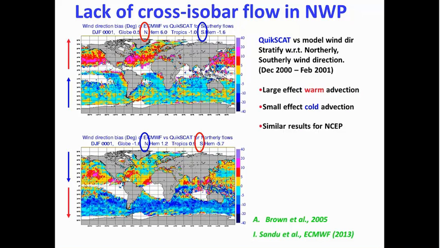You see large red or blue errors, depending on the hemisphere, which are typically up to 10 degrees. On average over the northern hemisphere 6 degrees, southern hemisphere 5.7, so quite large errors over the whole hemisphere in the case of warm advection.